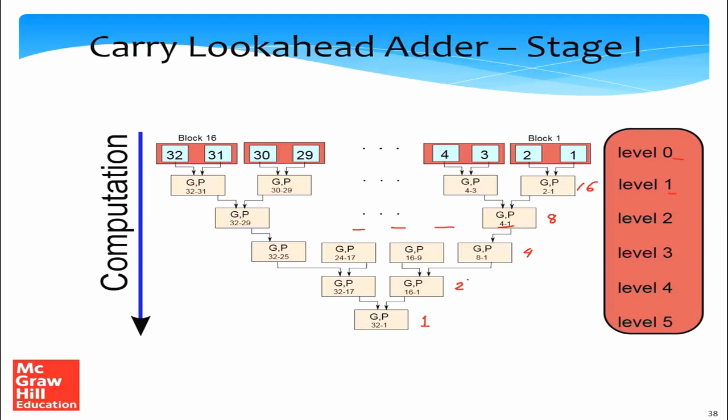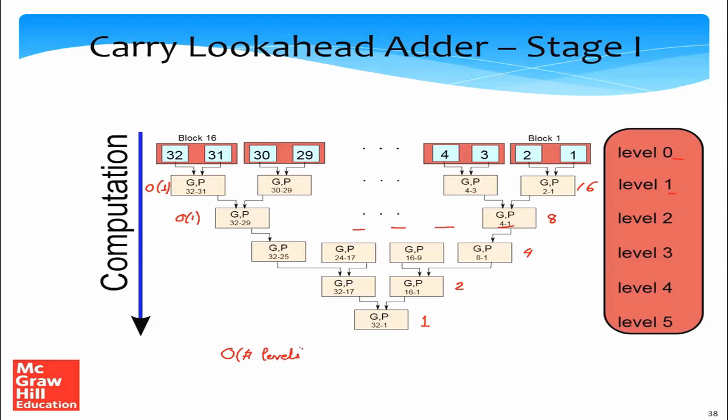So what we can say is that for each level, the time that it takes is the time that any one of these circuits take, because all of them are working in parallel, and they take roughly order of 1 time, which means constant time. So this also takes order of 1 time, and so roughly all of them, since they are the same circuit, take the same time. So the total time that you require is essentially order of the number of levels, right?